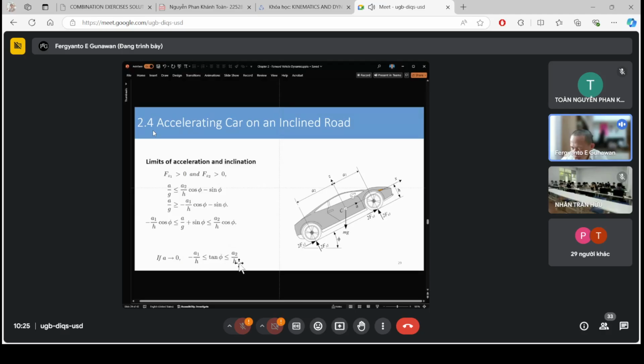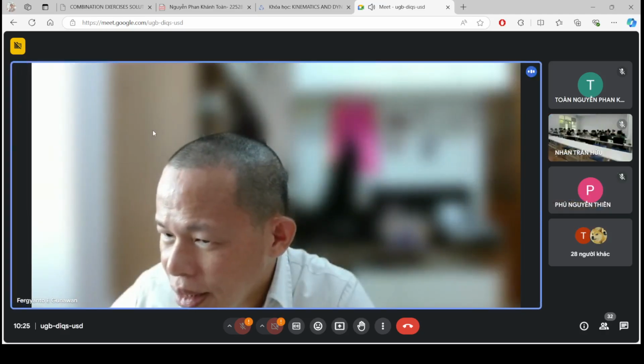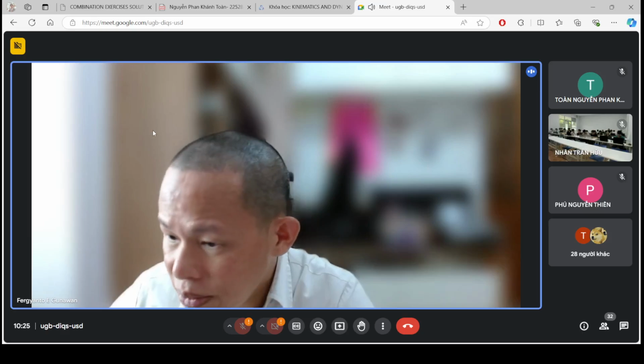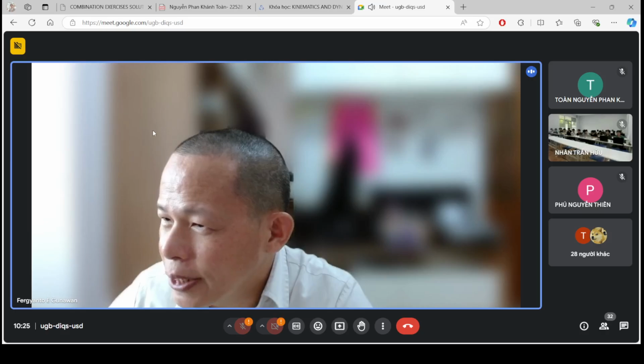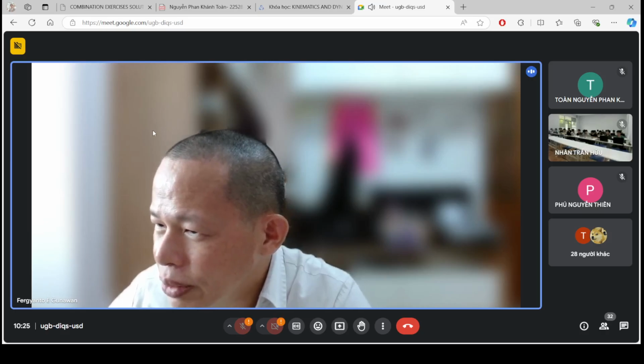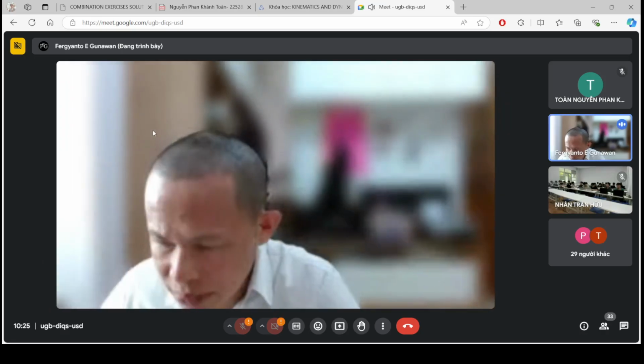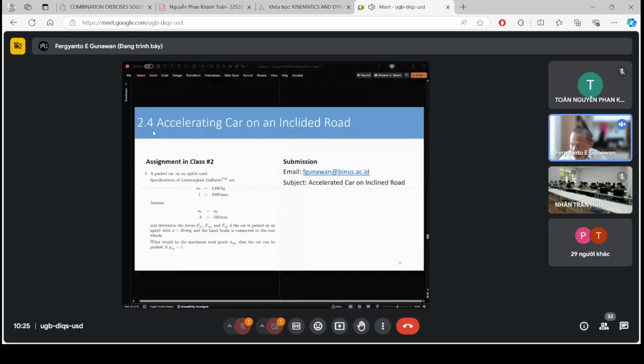This is the maximum angle at which you can park your vehicle, right? So hopefully it's clear how you're going to derive these equations for the maximum angle. And now I'm going to give you this opportunity to solve this particular problem.